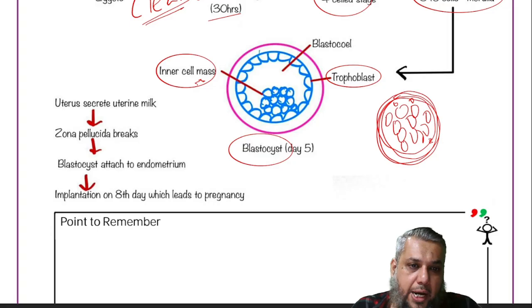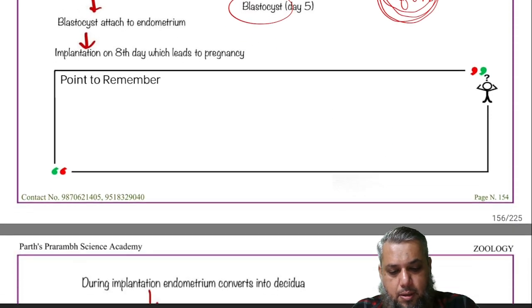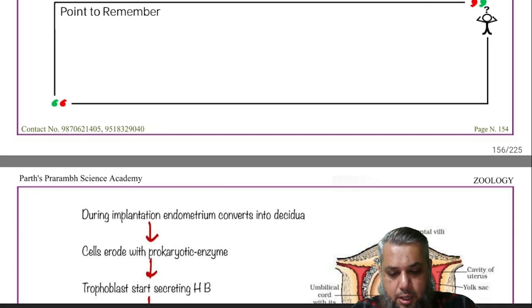Pregnancy will begin at a wrong site. So to prevent that, the zona pellucida is retained. When it reaches the uterine endometrium, the zona pellucida is removed and the blastocyst undergoes implantation almost on the 7th to 8th day after fertilization, and that will result in the pregnancy and the gestation will start.